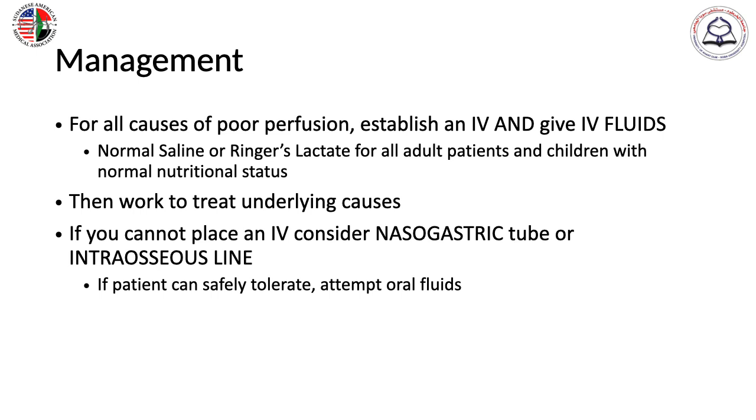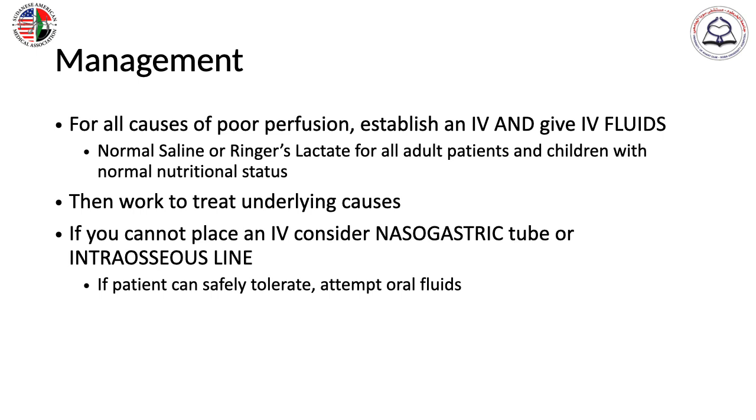For all causes of poor perfusion, always get an IV line and start an IV fluid, Ringer's lactate or normal saline, for most or all adults and children with normal nutritional status. Then, or at the same time, find the underlying condition and manage it.